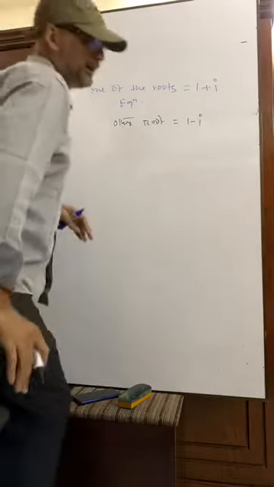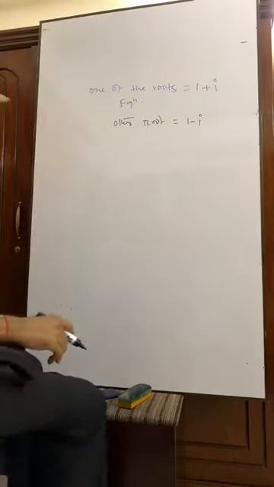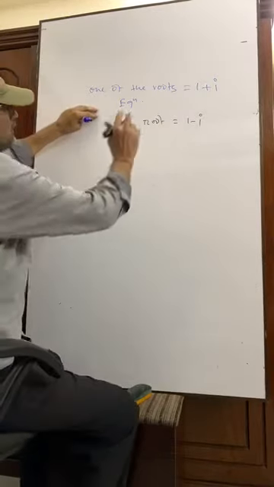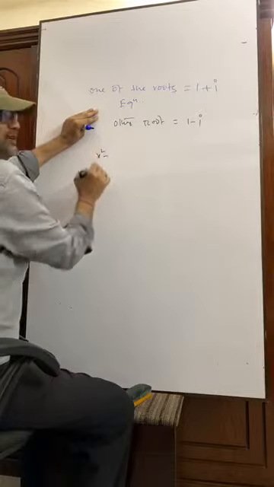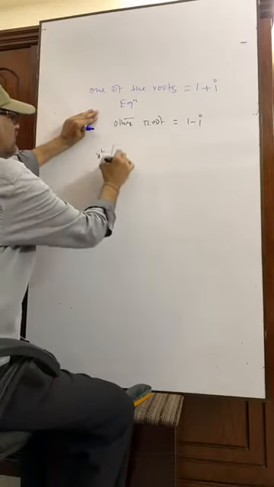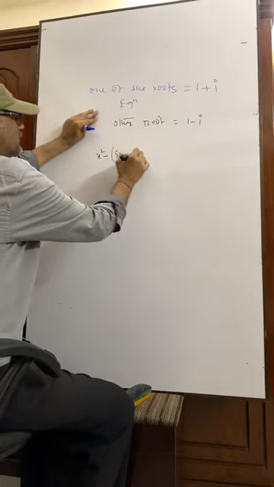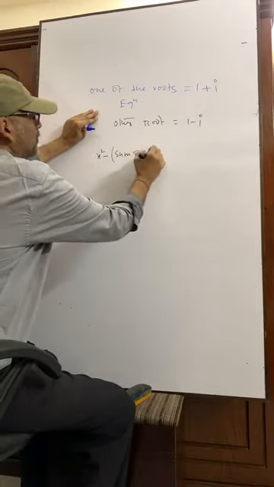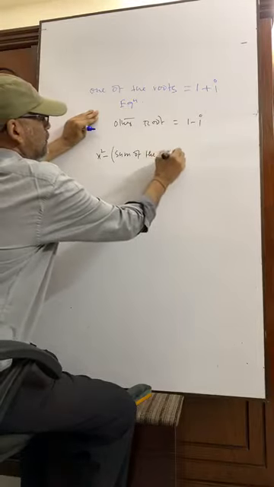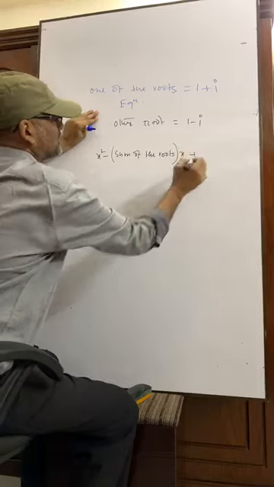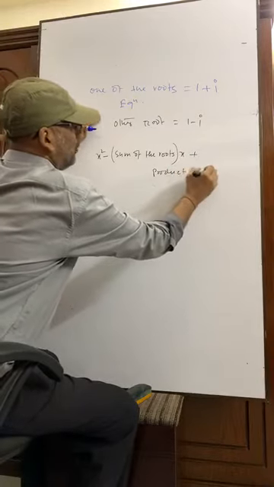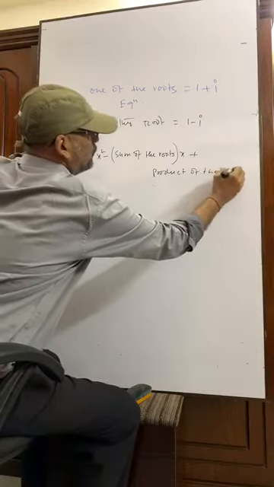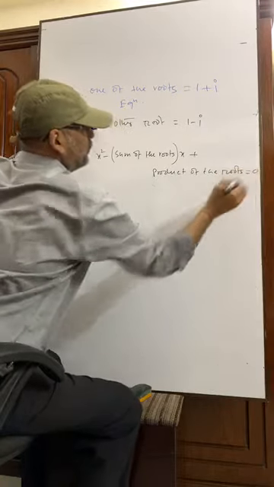So to form an equation, what is the condition? That is, formation of an equation: x square minus sum of the roots into x plus product of the roots equals to 0.